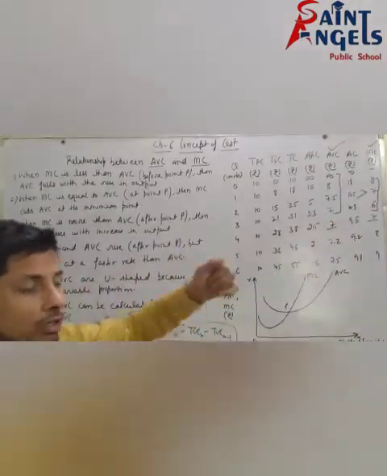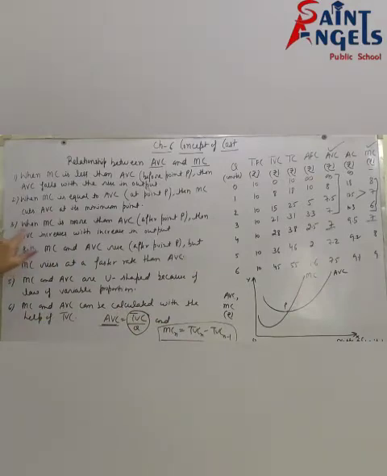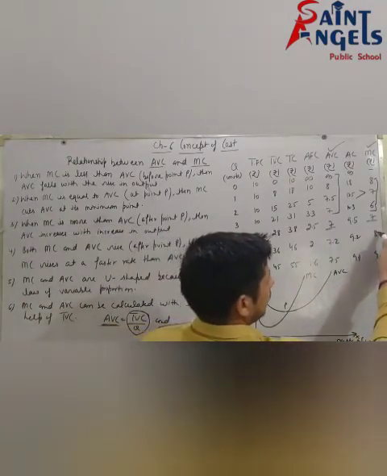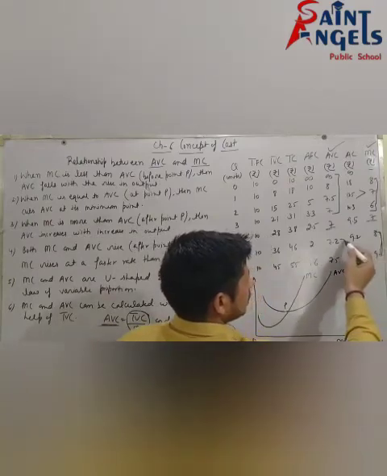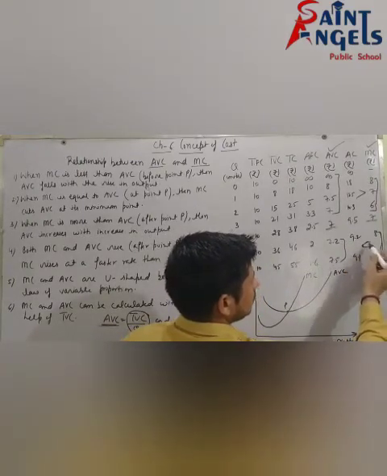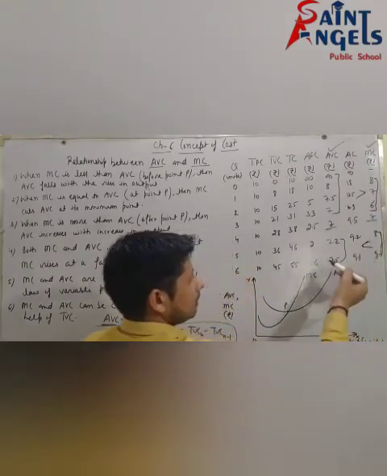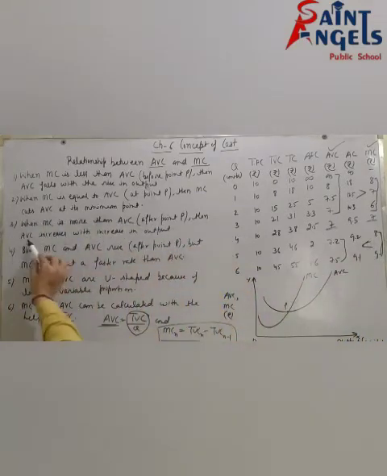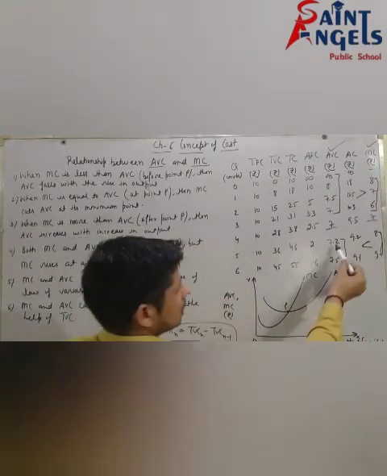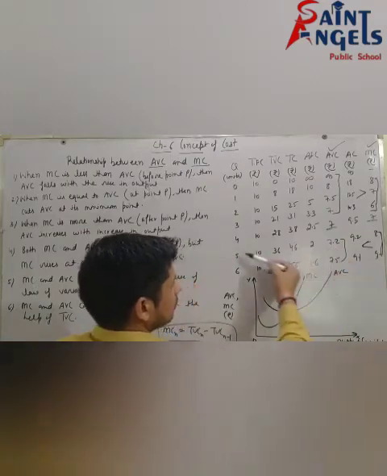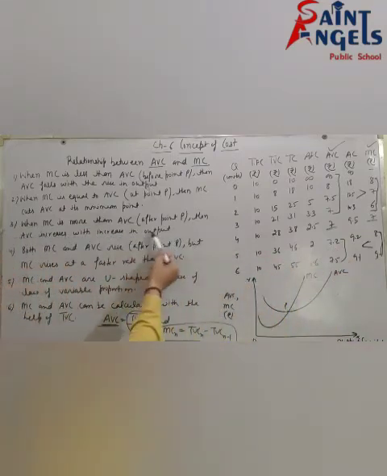I hope this point is also clear. See third point. When MC is more than AVC, then AVC increases with increase in output.